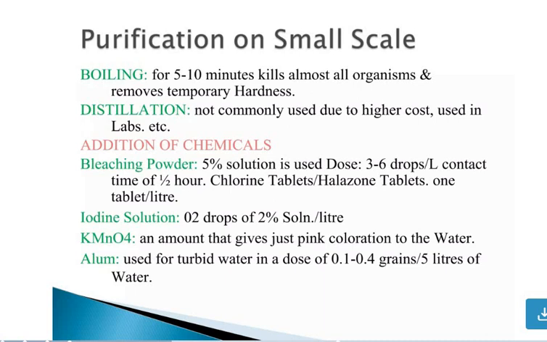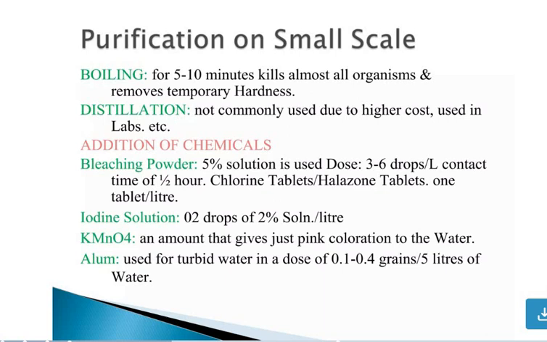Purification on a small scale: boiling for 5 to 10 minutes kills almost all organisms and removes temporary hardness. Distillation is not commonly used due to higher cost, used in labs. Addition of chemicals: bleaching powder, 5% solution is used, dose 3 to 6 drops per liter, contact time of 1 hour.